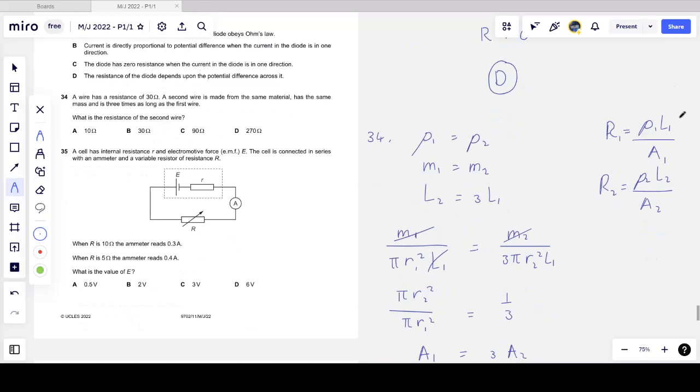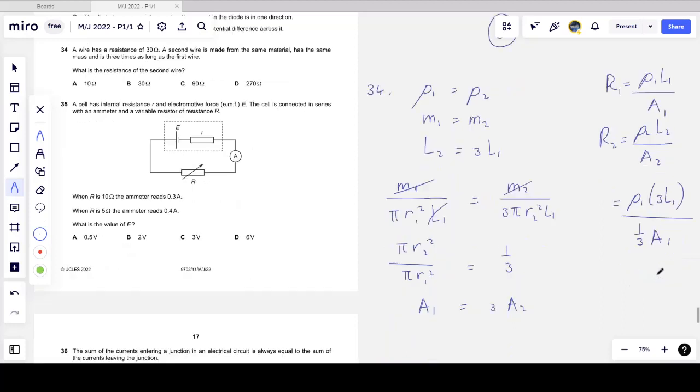So I know all things about the two wires. So R2 is rho 1, the same resistivity, times 3L1, and A2 is 1/3 A1.